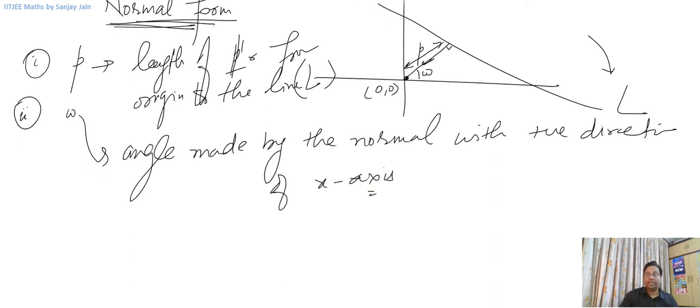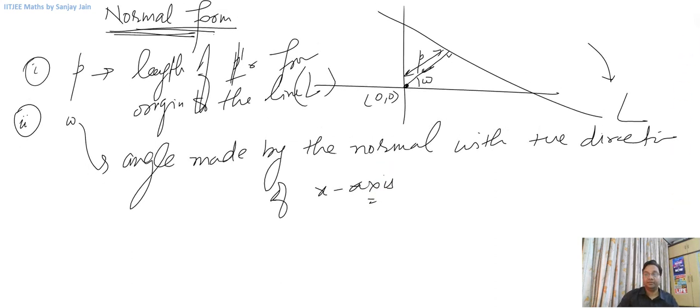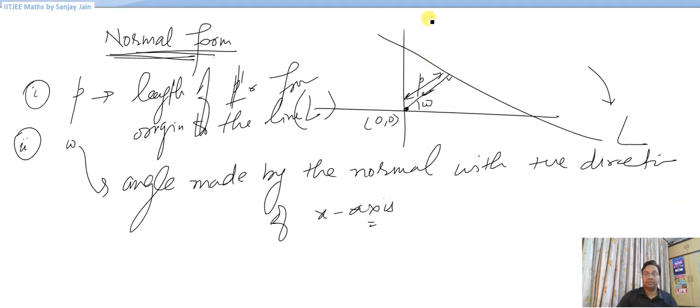Angle made by the normal with the positive direction of x-axis. Okay, now this line can be anywhere. For example, this line may be like this. Okay, in that case I'll have to drop this perpendicular like this, and this will be P. All right, and now this normal will make an angle with positive direction of x-axis like this. This will be omega then.